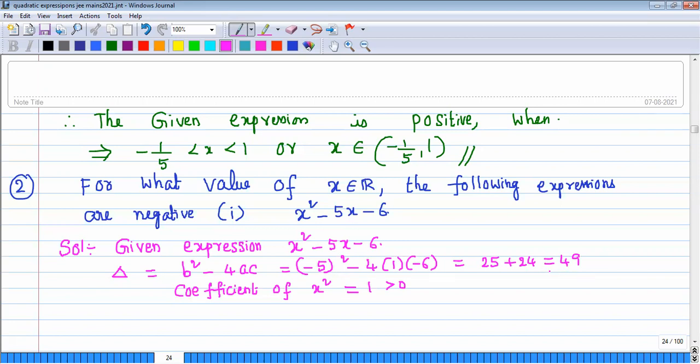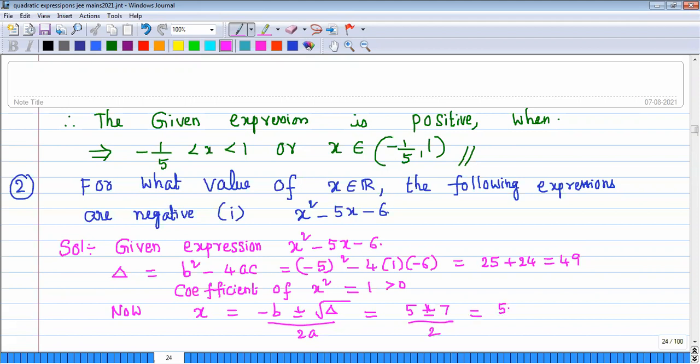The roots are real. That means x less than alpha or x greater than beta is positive. But we are asked for negative, so x lies between alpha comma beta. We need to find alpha and beta, so directly proceed with the quadratic formula. x equals minus b plus or minus root delta upon 2a. b is minus 5, so minus of minus 5 is plus 5, root 49 is 7, upon 2a, which is 2.